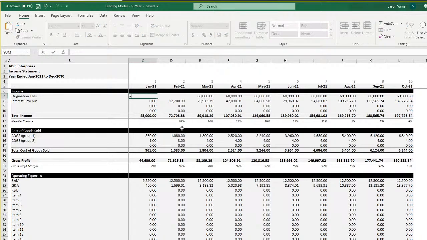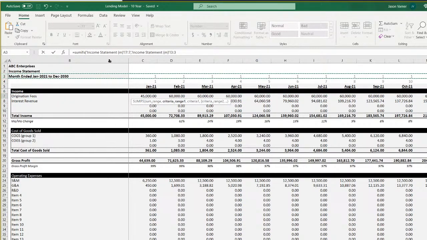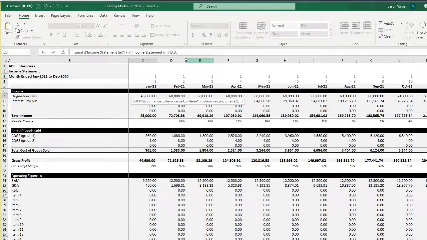So we should be able to sum up most of these with sum ifs. Let's just do a sum if on the origination fees. Sum if the year matches.